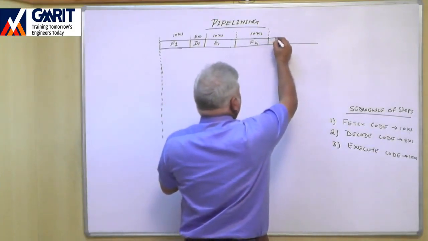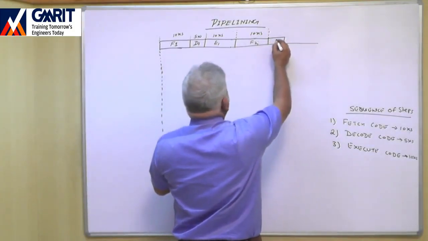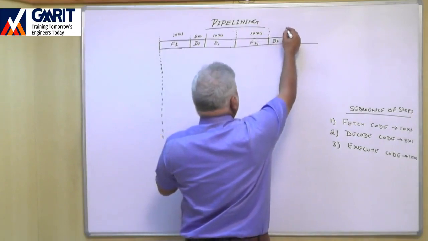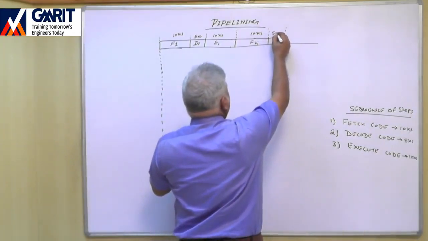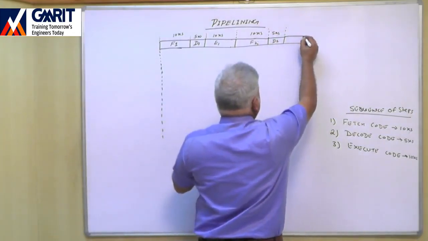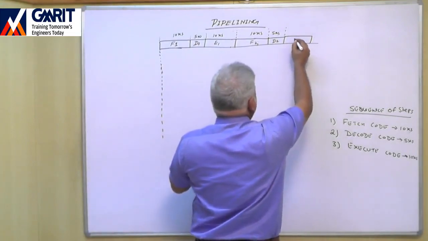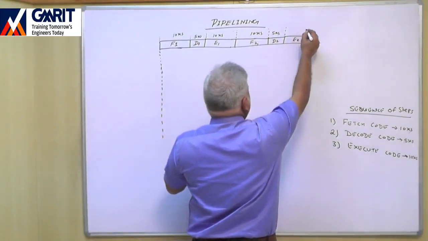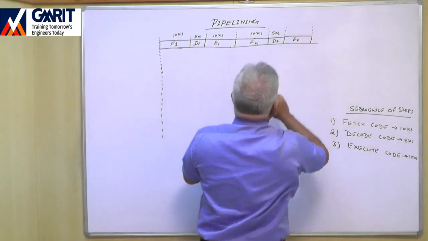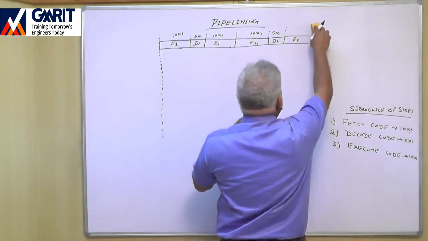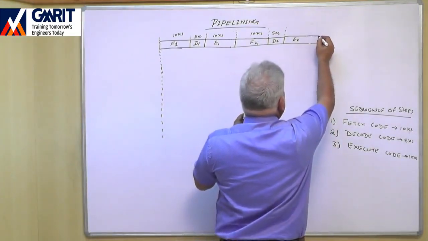Then it will decode the second code in 5 microseconds, and then execute the second code in 10 microseconds.